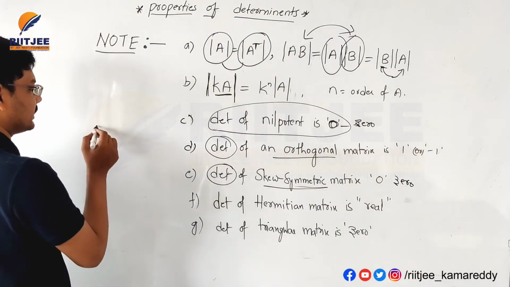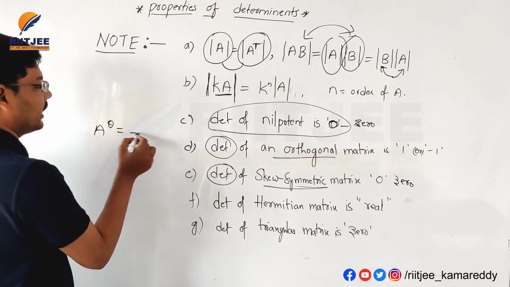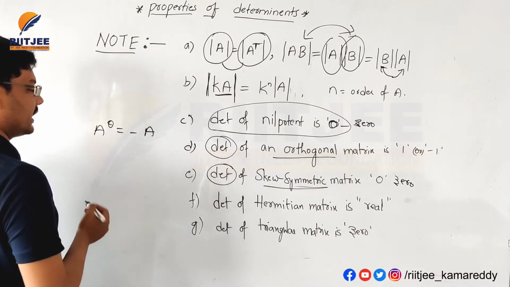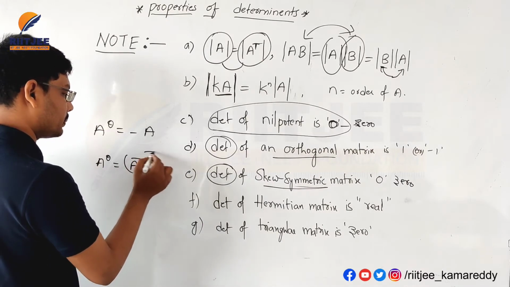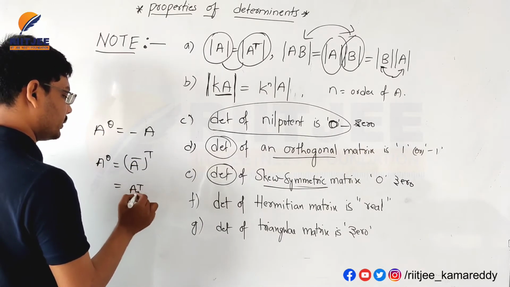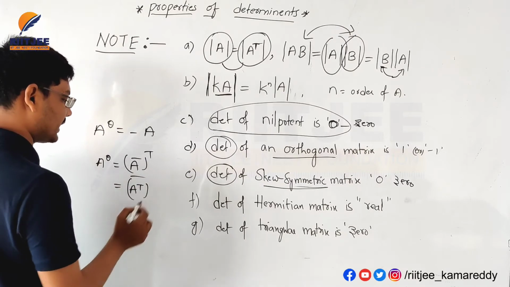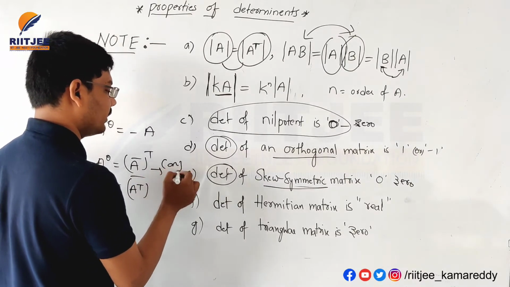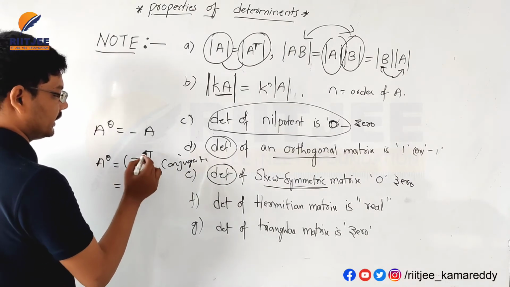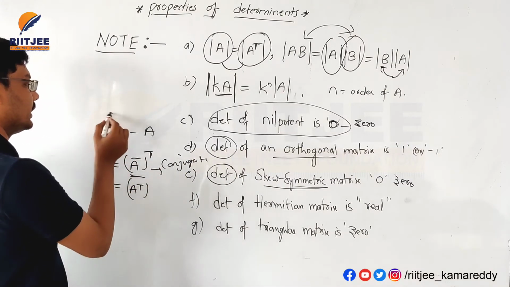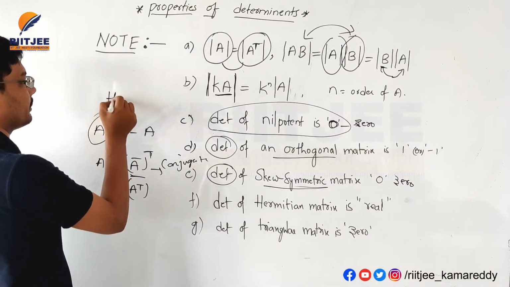Skew symmetric matrix is nothing but A power theta is equal to minus A, where A power theta is nothing but A bar whole transpose or A transpose whole bar, where bar is nothing but the conjugate of a complex matrix and T is nothing but the transpose of a matrix. It is denoted, called Hermitian.